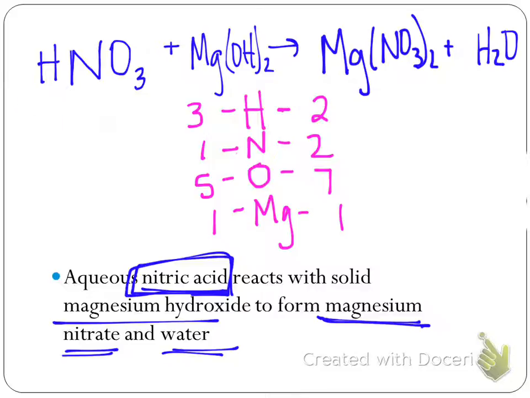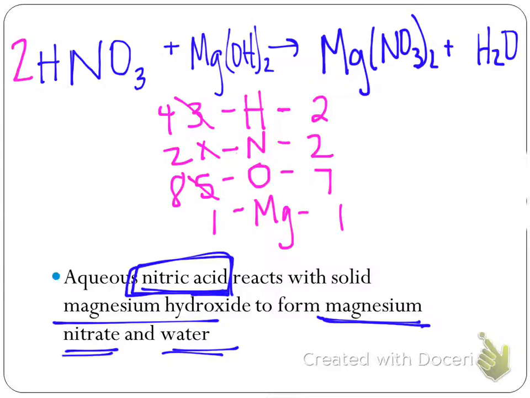So what would be my first step to do that? Yeah, I want to try to double that, or give that an even number of hydrogens, and we'll see what that does for us. That gives us 1, 2, 3, 4 hydrogens total. It gives us 2 nitrogens, and it gives us how many oxygens? 6 plus 2 more, which is 8.